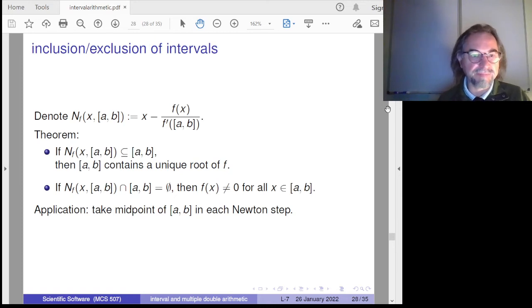This is a principle that is used in inclusion and exclusion. Newton's method is so important because it refers to the contraction operator.